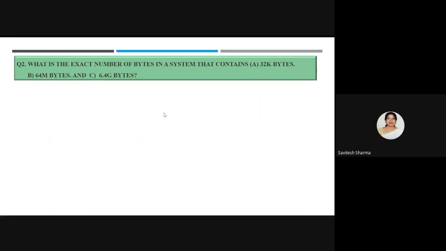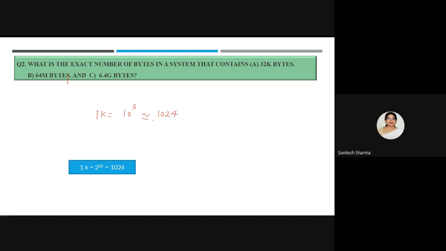Now come to the second question. The second question was asking that you have to represent a number. The first part is asking you to convert an exact number, 32K bytes. So for 32K bytes, you are talking in terms of the binary number system, so 1K is not equal to 1000 here. Generally you know 1 kilo is equal to 1000. But in terms of binary, what would be 1000 is equivalent to 1024.